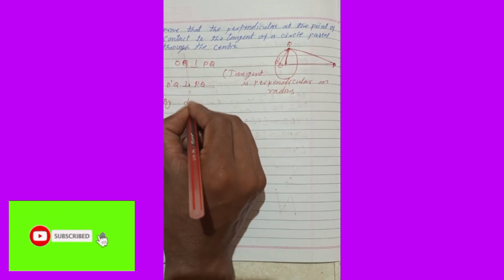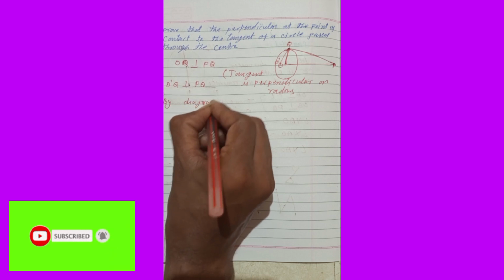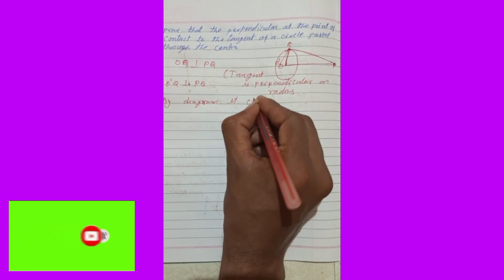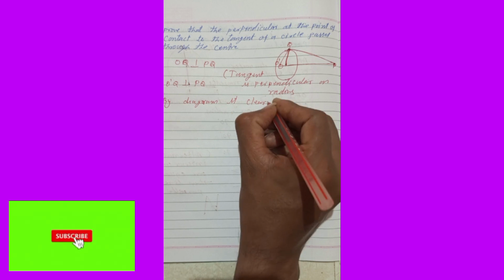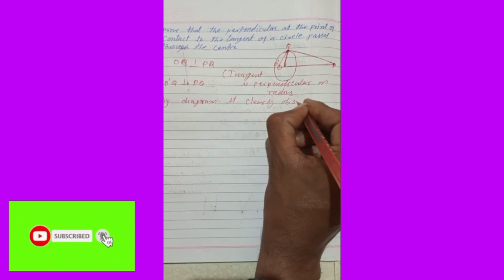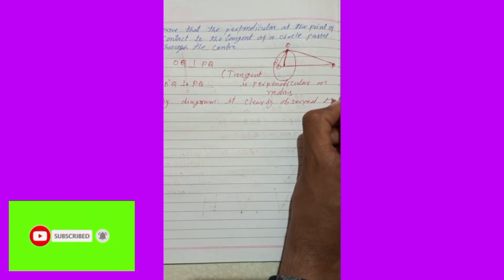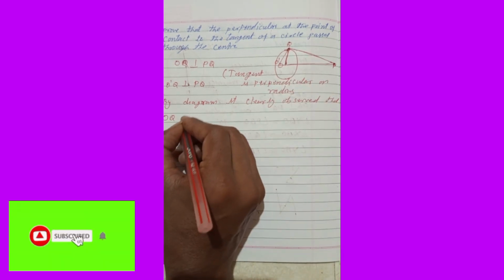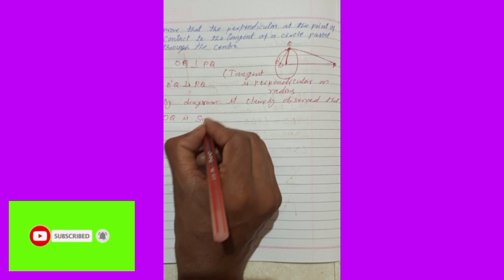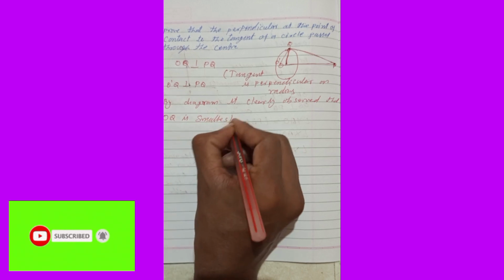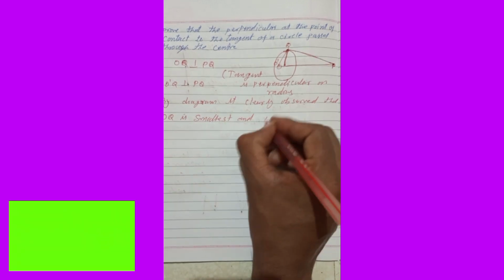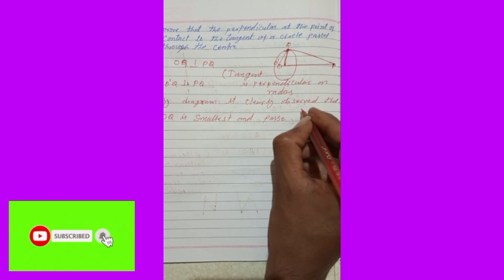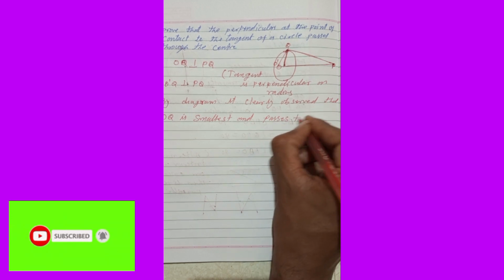By the diagram, we clearly observe that OQ is the smallest and passes through the center.